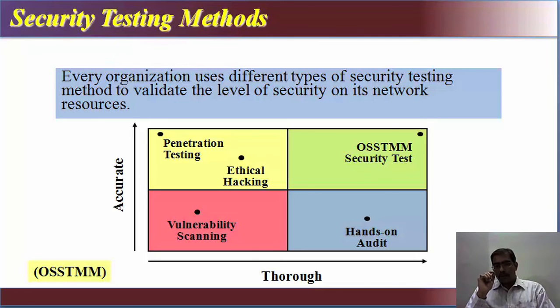In 2001, ISECOM, that is the Institute for Security and Open Methodologies, started with the release of OSSTMM, which is the Open Source Security Testing Methodology Manual. It was a move to improve how security was tested and how it was implemented.